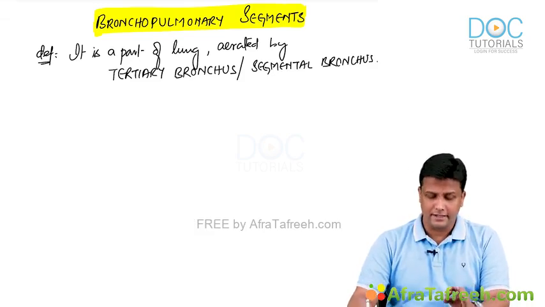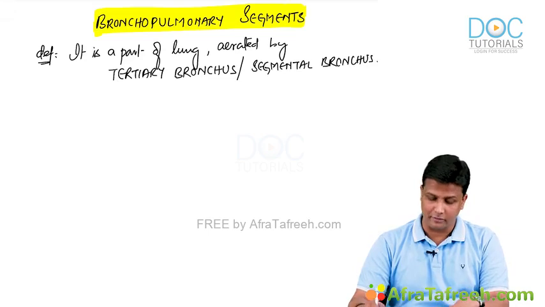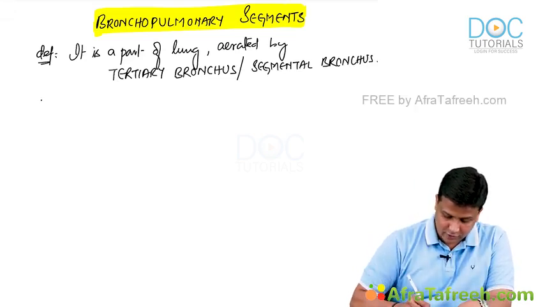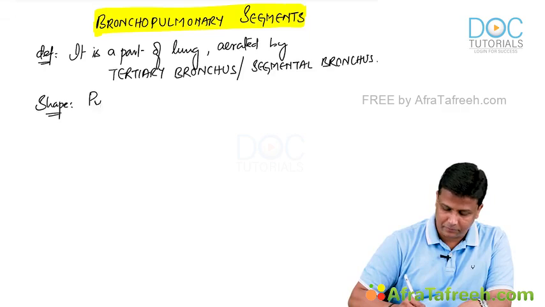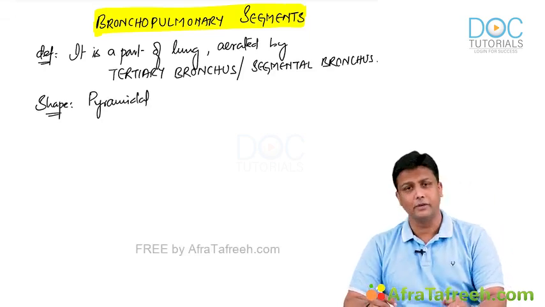That's the definition of the bronchopulmonary segment. The bronchopulmonary segment is the one which is aerated by tertiary bronchus or segmental bronchus. Now, once you are comfortable with the definition, the next thing is the shape of the bronchopulmonary segment. Remember, it will be pyramidal in shape. Each and every bronchopulmonary segment is pyramidal in shape, and a pyramid will always have an apex.